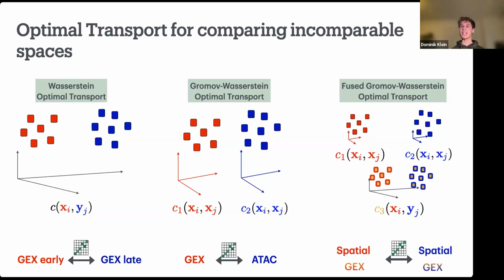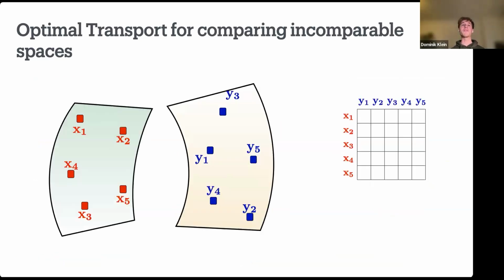I'm not going to go into detail how this works, but very briefly, the intuition of how we solve that is: we have one space where the source distribution lives, and one space where the target distribution lives, and we want to find a mapping, a coupling, or basically just a match between the source and the target distribution. So we basically want to see whether we could match now X1 to Y3.